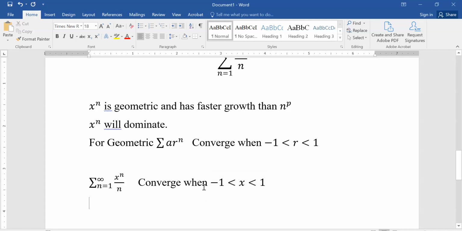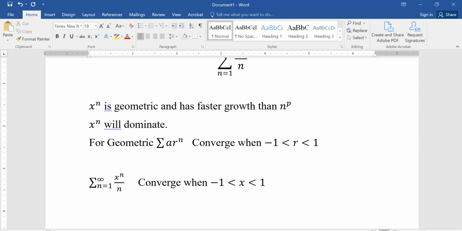So it converges when x is between -1 and 1. That's called the interval of convergence. By the way, the radius of convergence would be 1 because this is centered at 0 and we go 1 unit to the right, 1 unit to the left from 0. So radius of convergence is 1. Interval of convergence is from -1 to 1.